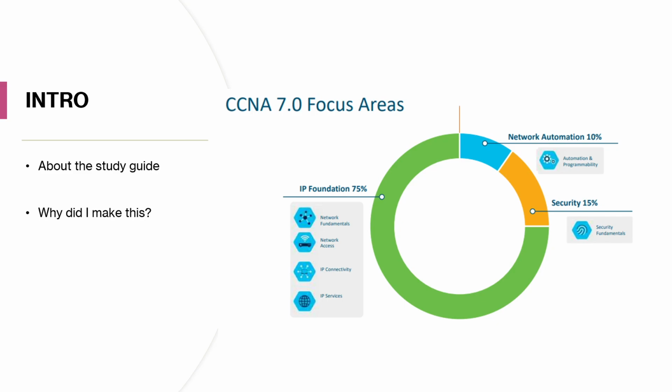So, as you can see on the screen, about 75% of the CCNA is going to be on IP foundation, network fundamentals, network access, IP connectivity, and IP services. 10% is going to be on automation and programmability, and then 15% is just on security. So the CCNA is about 100 to 120 questions long.